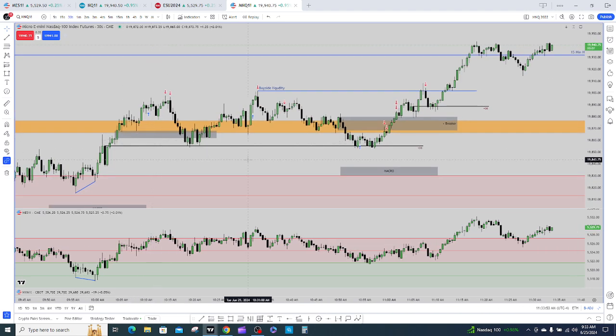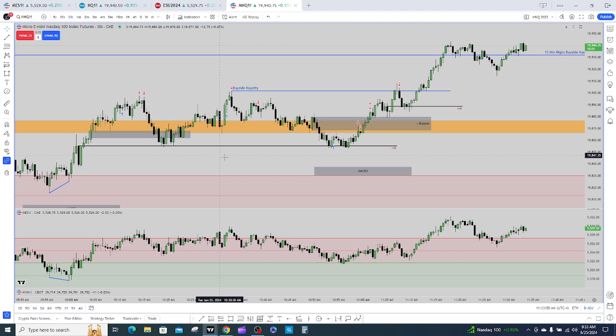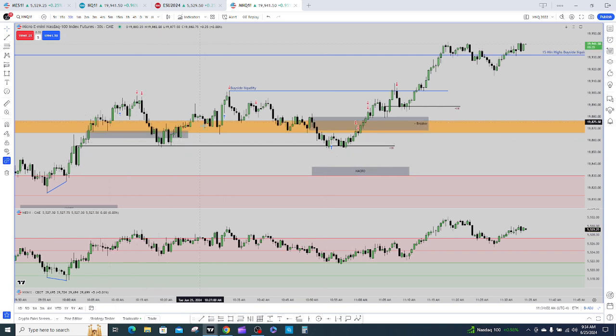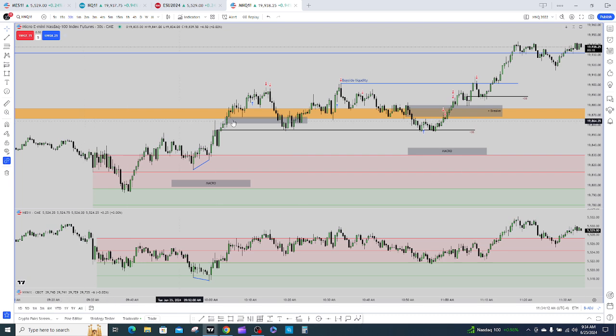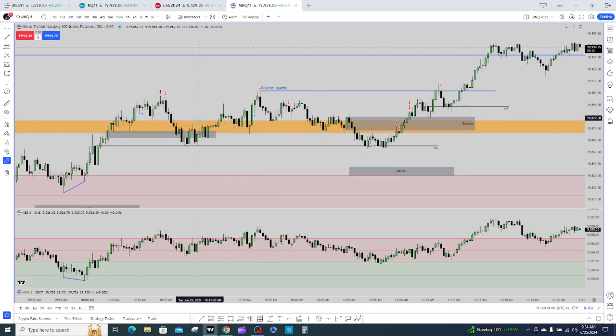Now, if you scrub over to the next one, which is 10:50 to 11:10, as you can see, price really just plays around on both sides of this 15-minute orange gap that I have. It's clear over on the other side, but it just plays with both sides of the market.